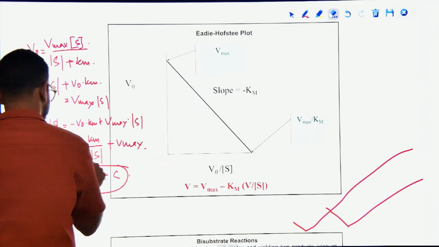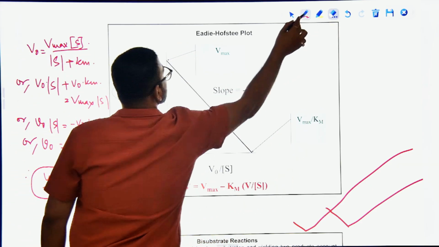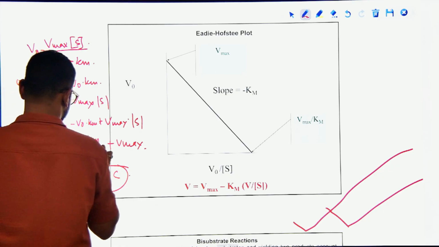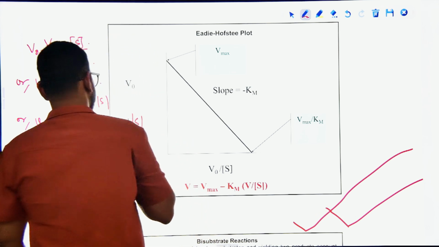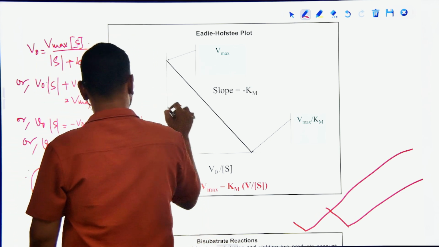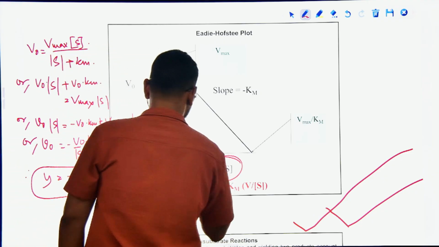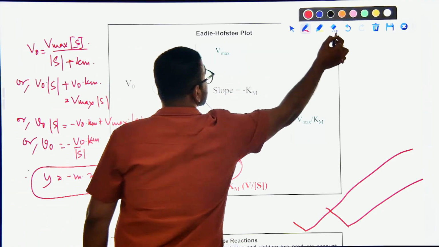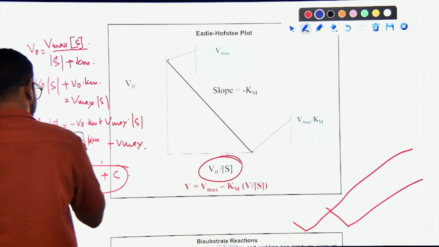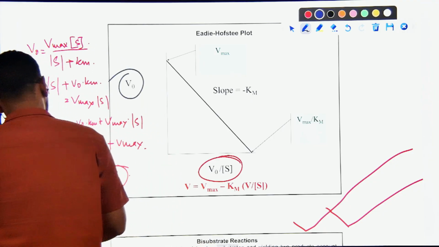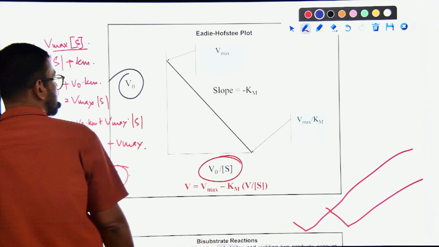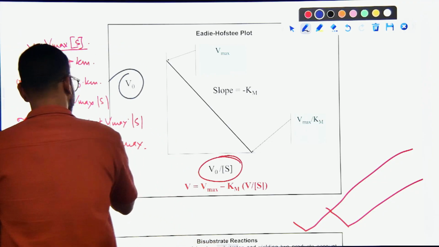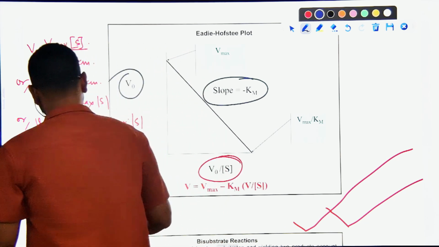Better to state it as V0 by substrate S. Okay. So Y is equal to Mx plus C. On the x-axis, we are getting V0 by S. On the y-axis, we have V0, and the slope is minus Km, as you can see.